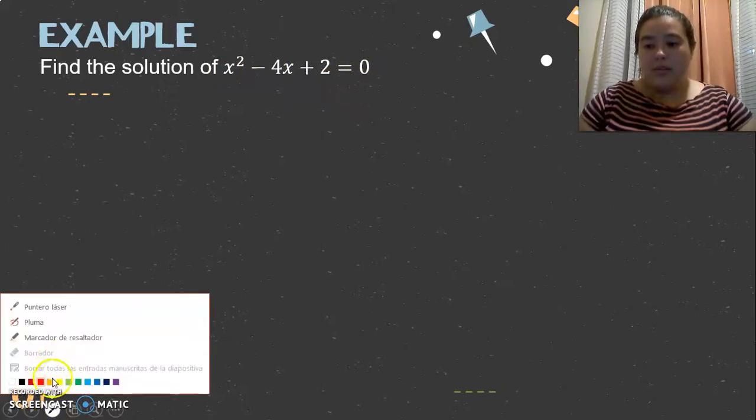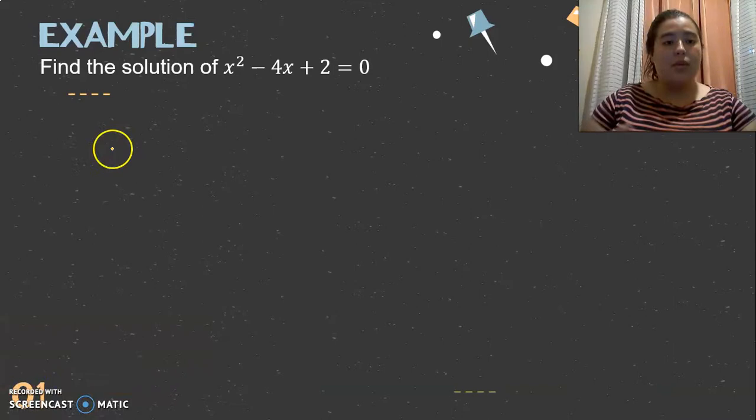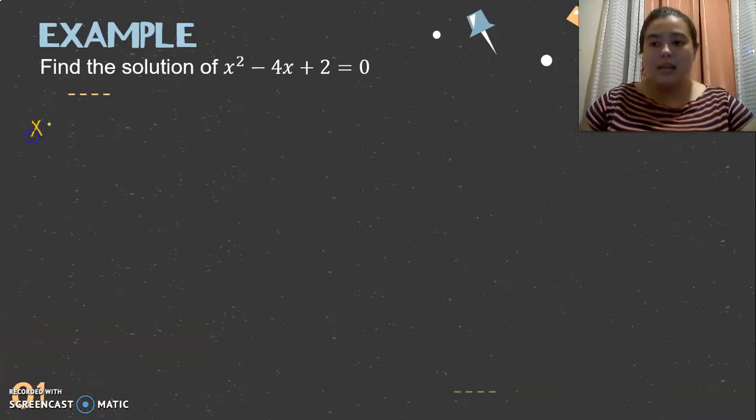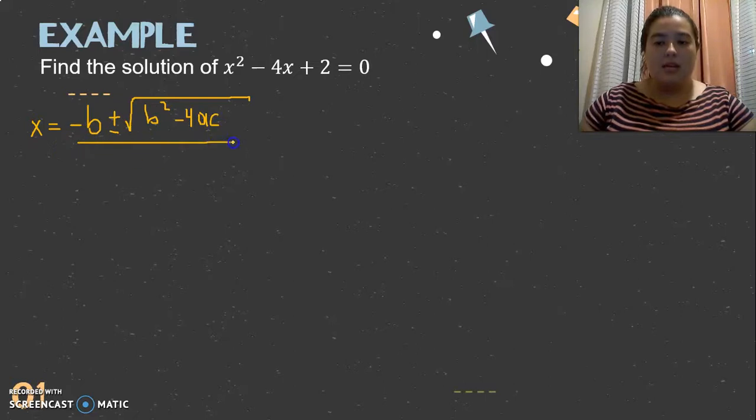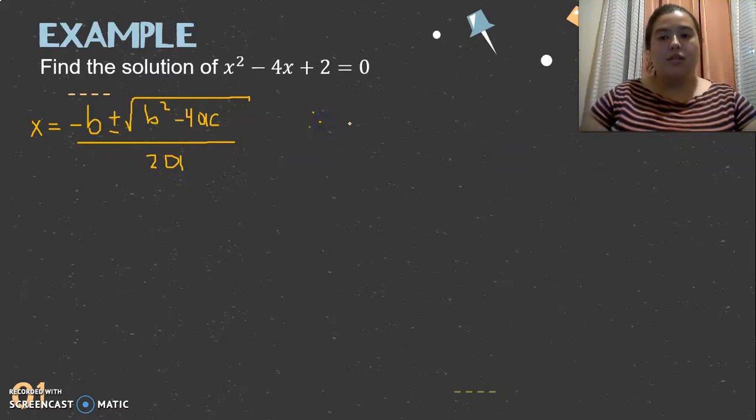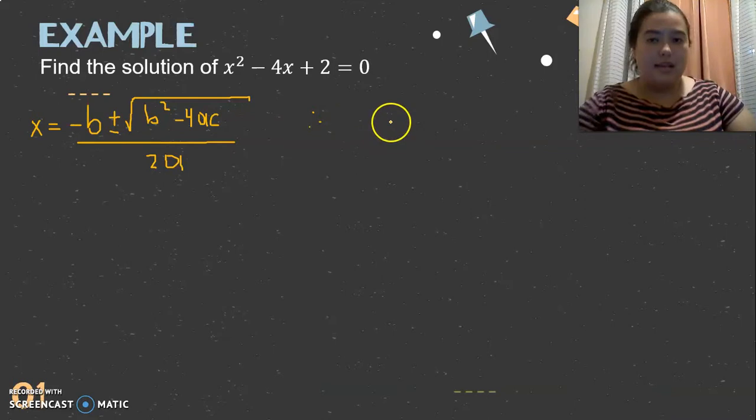So what we have to do, we have to copy our quadratic formula, that is x equals negative b, plus or minus the square root of b to the second power minus 4 times a times c, and all divided by 2 times a.